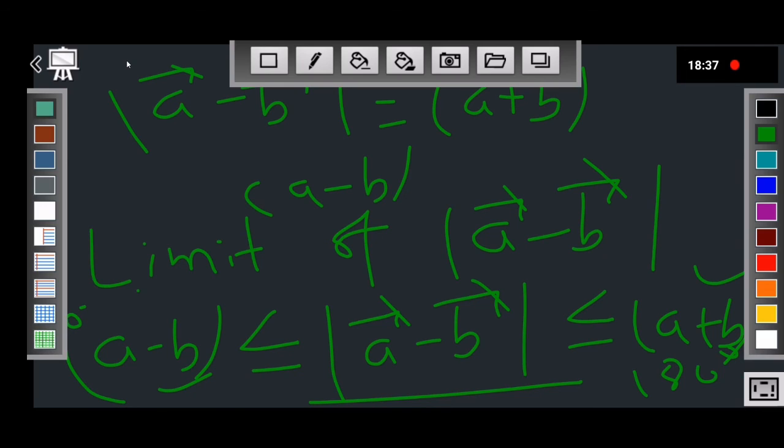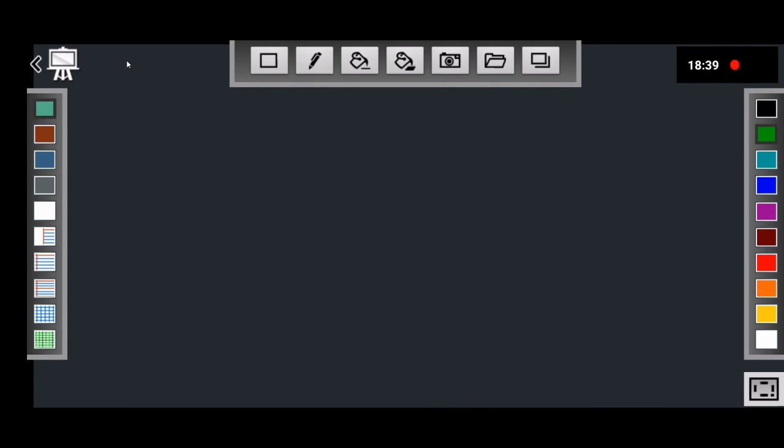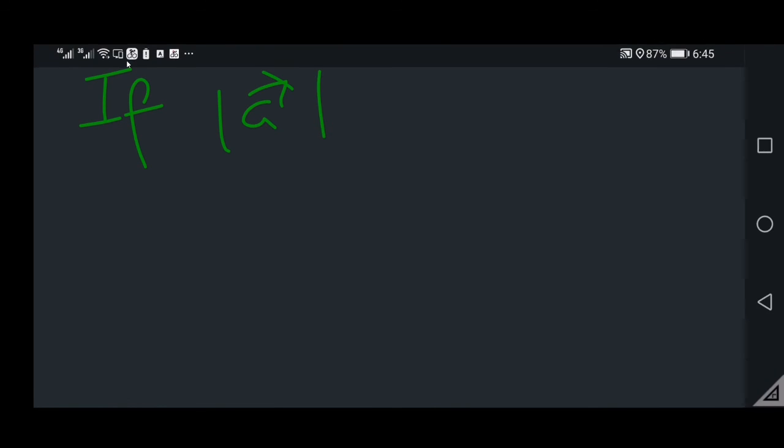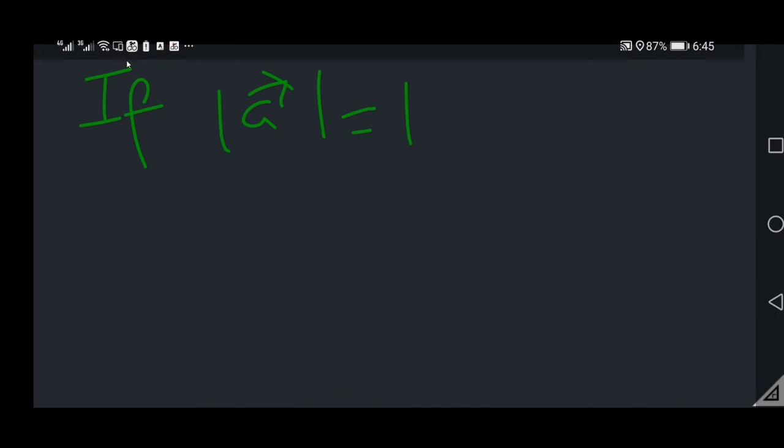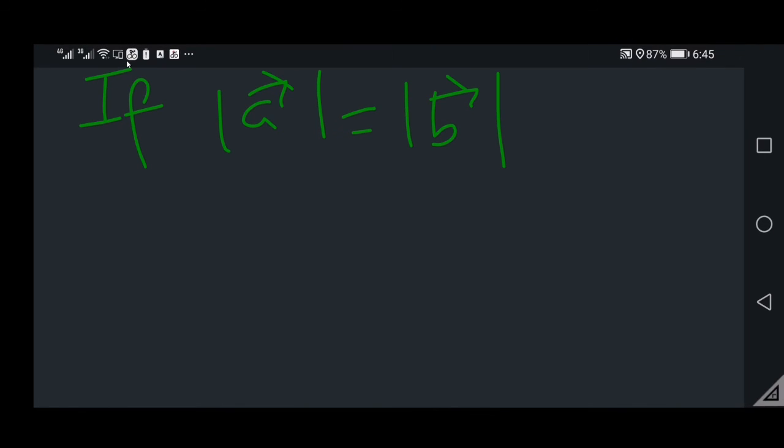Then you have to know some other special cases. Suppose the magnitudes of a vector and b vector are equal, and that is equal to a.